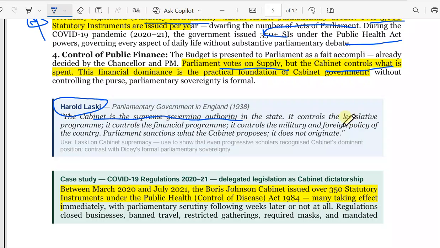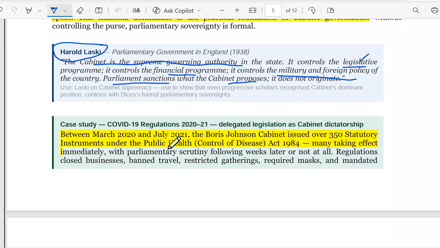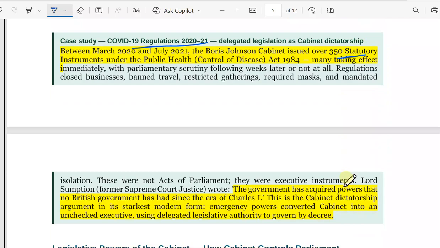It controls legislative, finance, military and foreign policy, while on the other hand, parliament sanctions what the cabinet proposes. Next, we have the case study of COVID regulations, where Boris Johnson issued 350 plus statutory instruments.